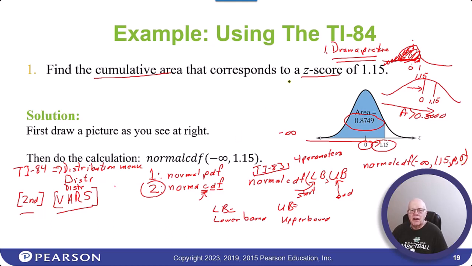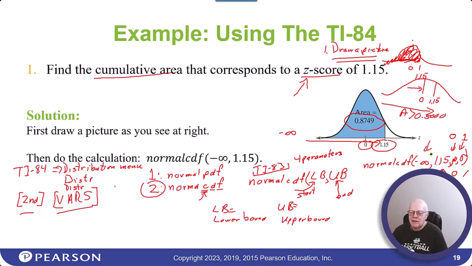Now, before we leave here, notice we were talking about z-scores. That means we're talking about the standard normal distribution. So we've got a special condition here. That means this mean is 0, and it means the standard deviation is a 1. So you'll have negative infinity, you'll have 1.15, you'll have a 0, and you'll have a 1.